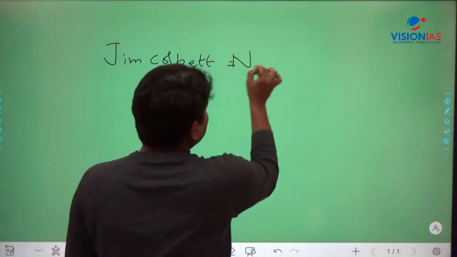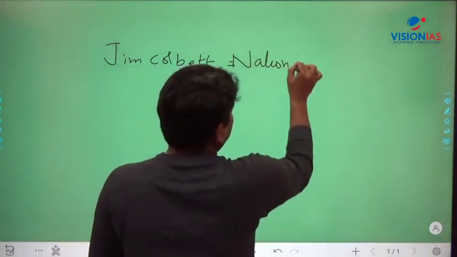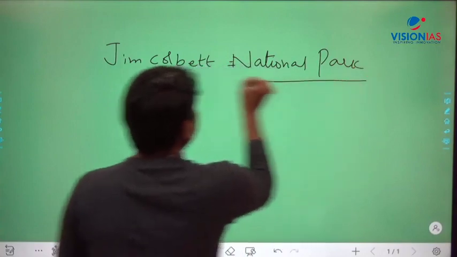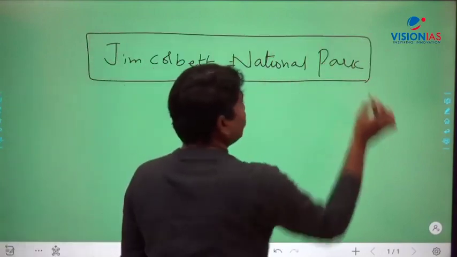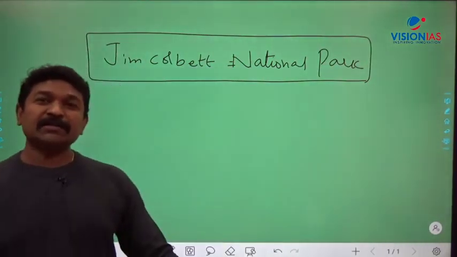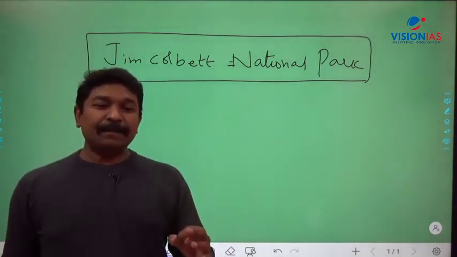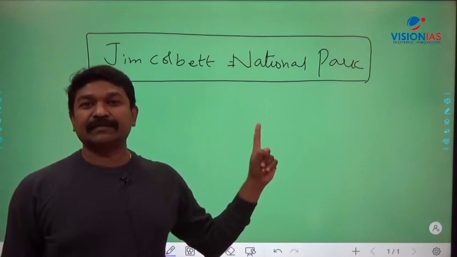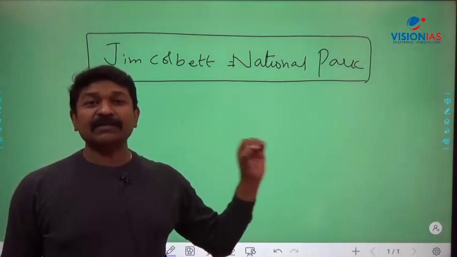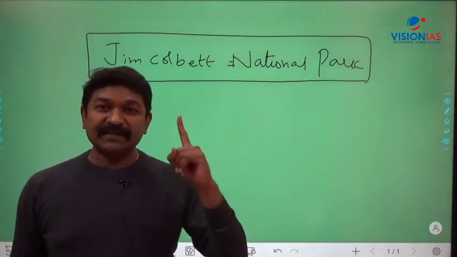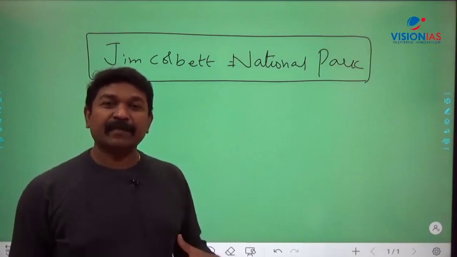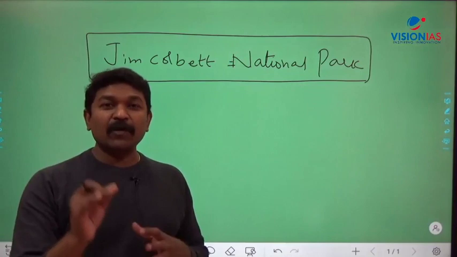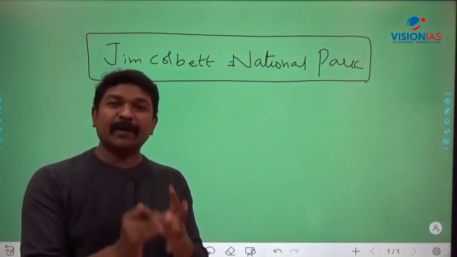This is a national park, the Jim Corbett National Park in full. Why are we giving Jim Corbett National Park as the first one? Because which national park is the first national park of India? It is this one. What is the importance of the Jim Corbett National Park? This is the first national park of India. You can make a note of this. Jim Corbett National Park was the first national park of India.